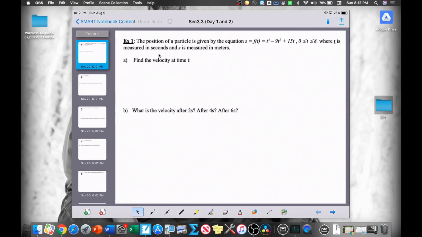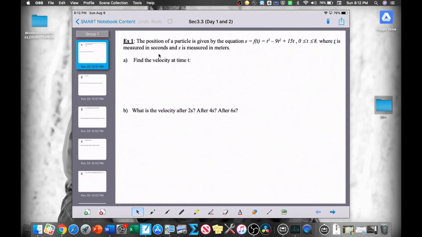Our one and only example 1 says, the position of a particle is given by the equation S, which is f of t, a function in terms of time, equal to t cubed minus 9t squared plus 15t for values of t between 0 and 8, where t is measured in seconds and S is measured in meters.